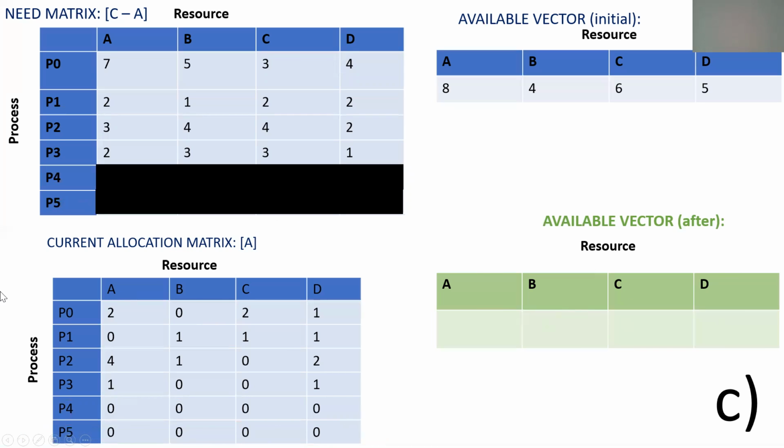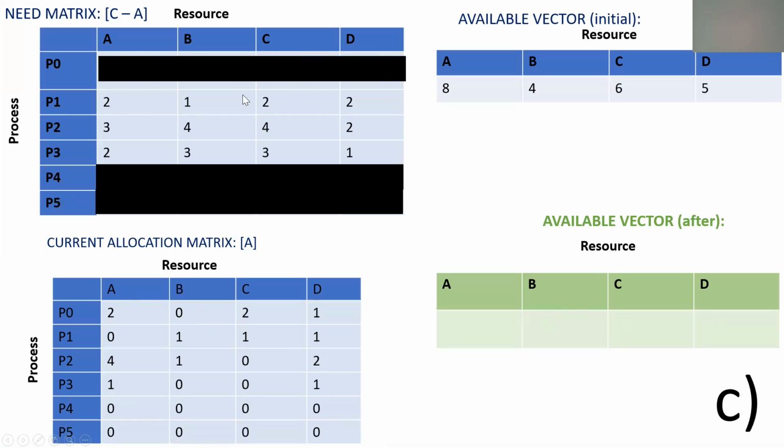Now P5 and P4 have run. P0 still needs more of B than is available, so it still cannot run, but any of the remaining 3 can, and I'll choose P3. After P3 runs, the availability vector becomes 8 plus 1 of A, 5 plus 1 of D, and B and C stay the same.